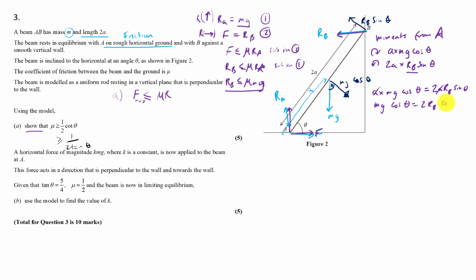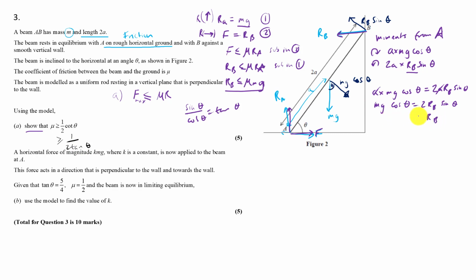Now we know cos theta over sine theta is actually cot theta, and sine theta over cos theta equals tan theta. So we are going to get this 1 over tan theta here.